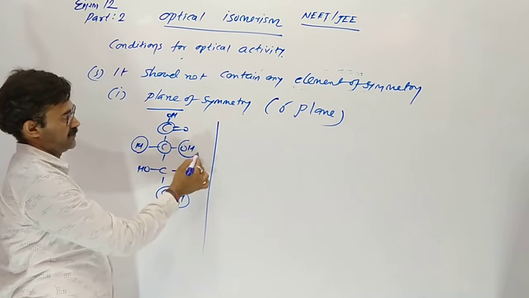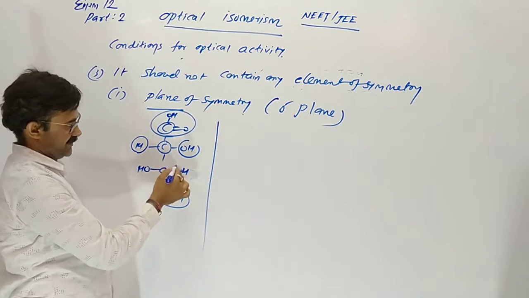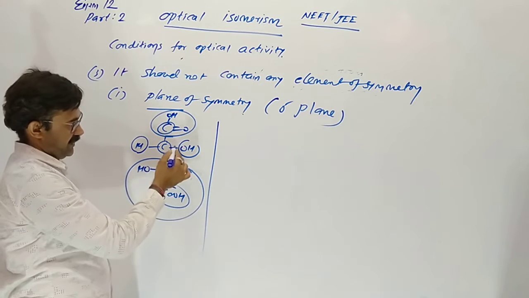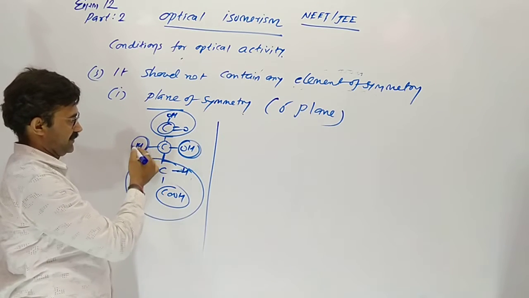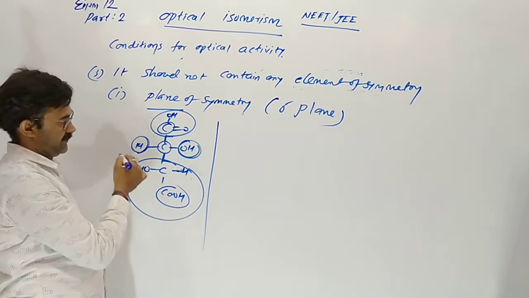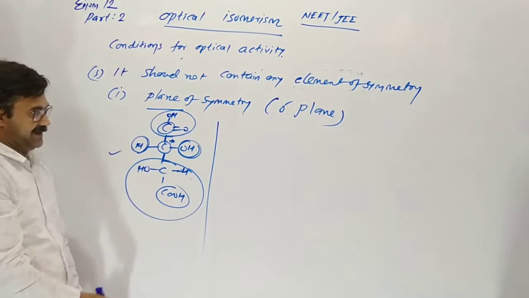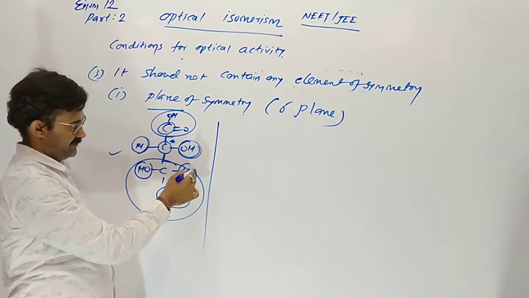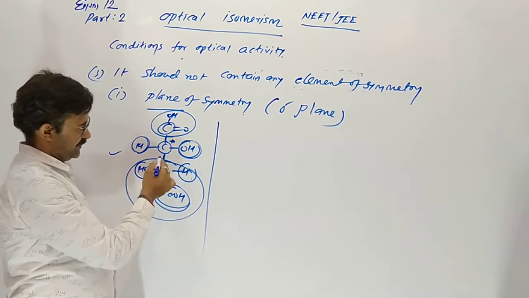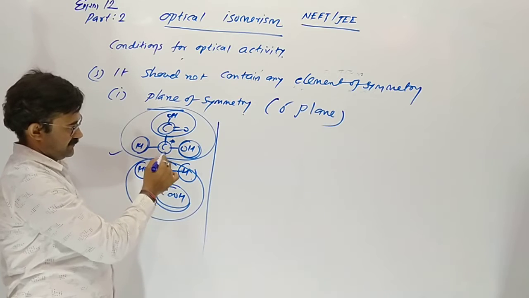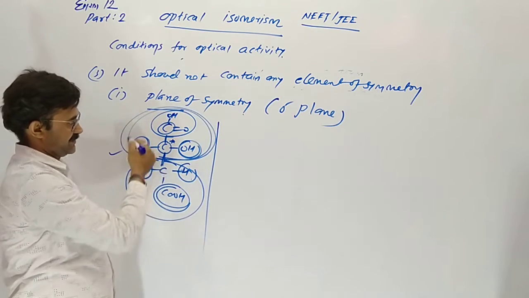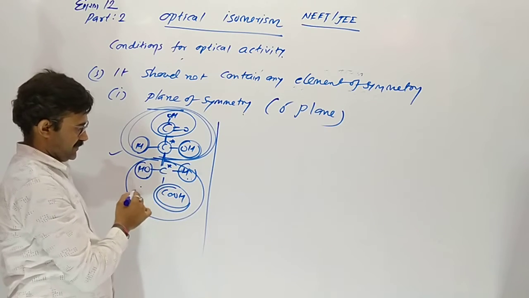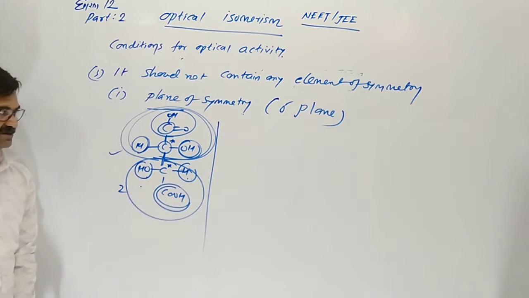After this bond, the parts are different, so it should be chiral. What about this one: OH, H, COOH, and this one is the fourth. After the bond the parts are CHOH, COOH, H, OH. The four groups are different. So you have two chiral carbons.